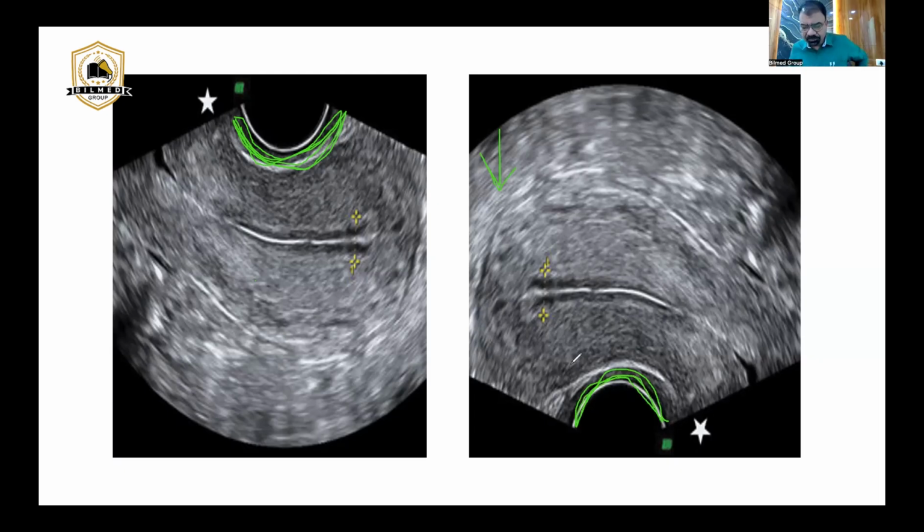The basic important point is that there is no difference in the image quality. I'm repeating, there is no difference in the image quality, only in how the anatomy is displayed on the screen. In 180-degree images on TVS, the ultrasound image flips and displays the ovaries and uterus inverted. Over here this part is anterior.